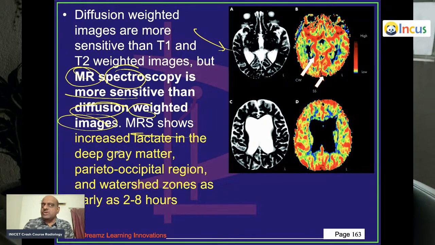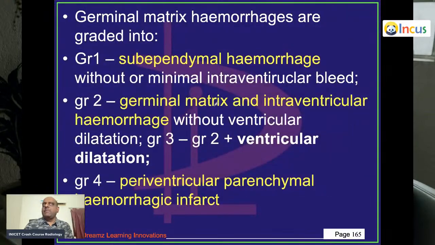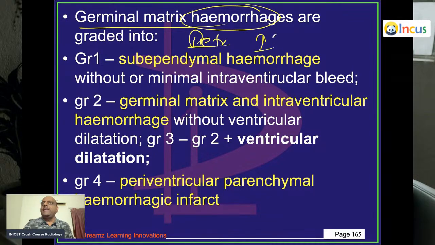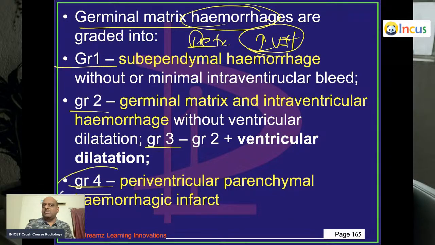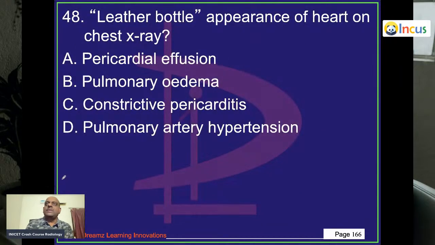In MR spectroscopy, there is an increased lactate in the deep gray white matter in the parieto-occipital area, which is a very important indicator, is what you need to remember. So germinal matrix hemorrhages, which occur in the preterm babies who had intraventricular hemorrhages, is graded into GR1, 2, 3, and 4. Of course, really not needed to remember.